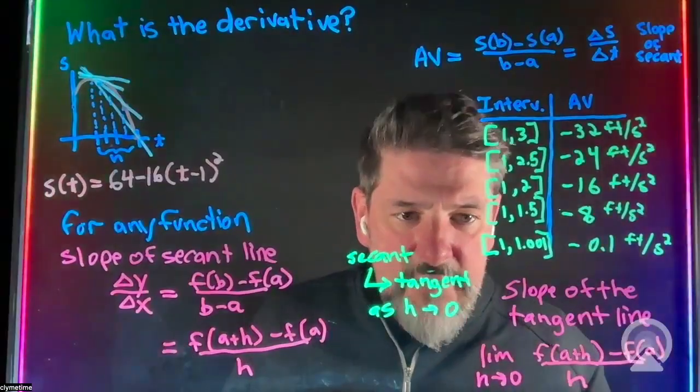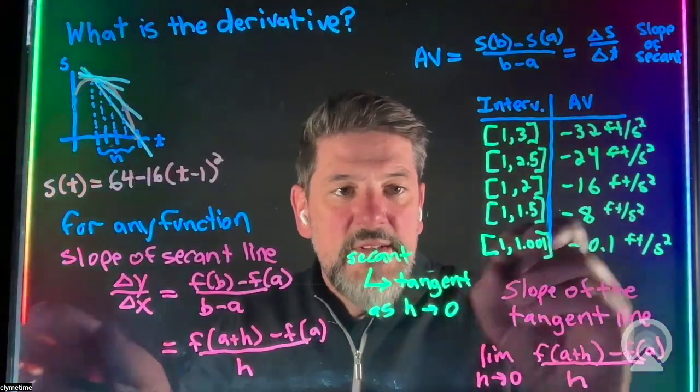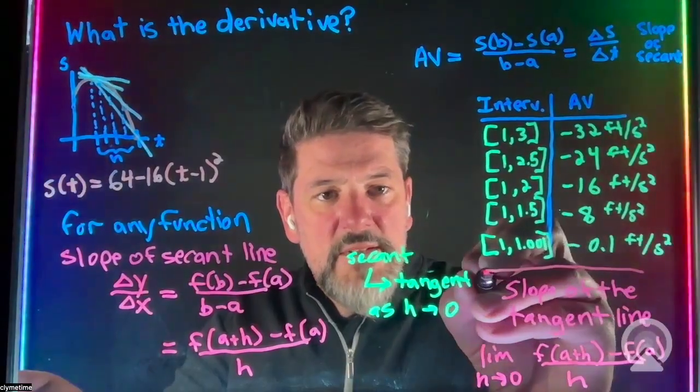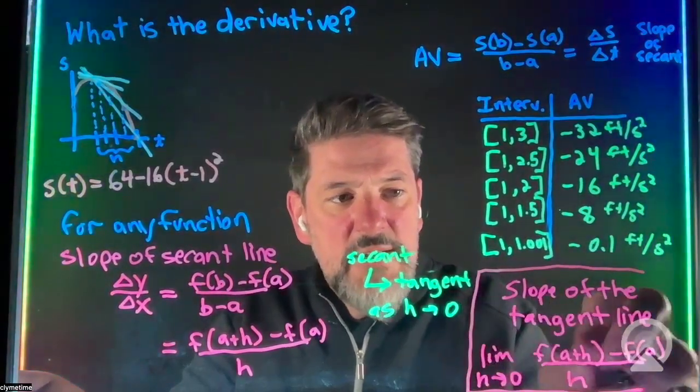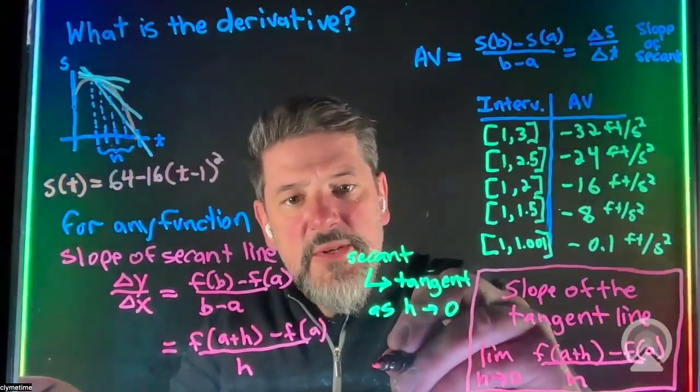And that is the takeaway. That is the derivative. That is what all of this was setting us up for, to learn what the derivative is. And so this is what we call the derivative.